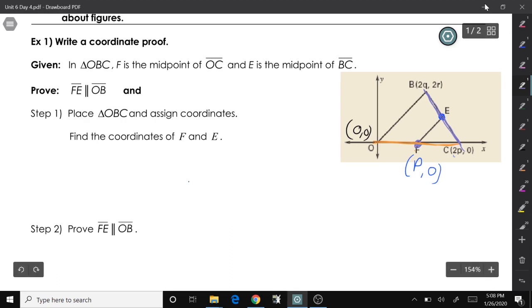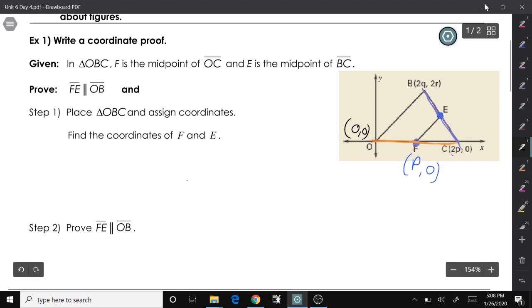Well, for these two lines to be parallel, they need to have the same slope. First, let's find the coordinates of F and E. We already know F is (p, 0). And now we're going to find the midpoint between these two points.